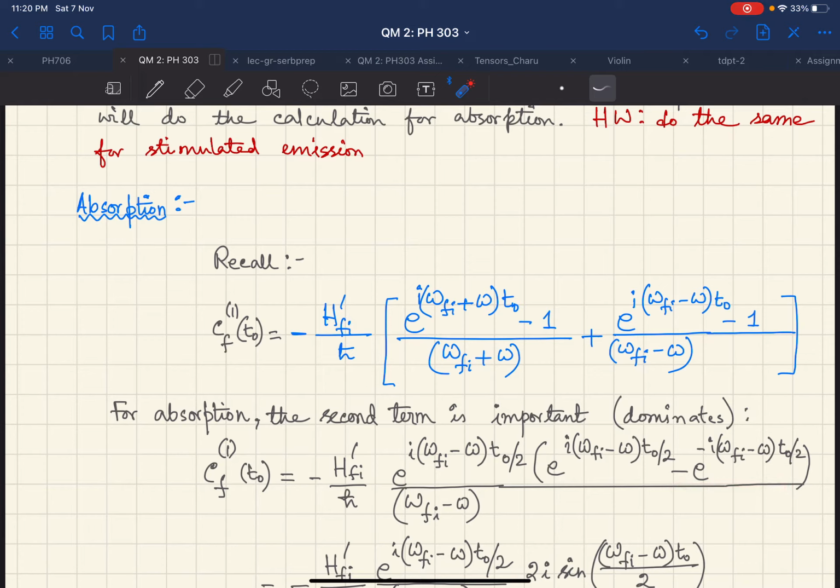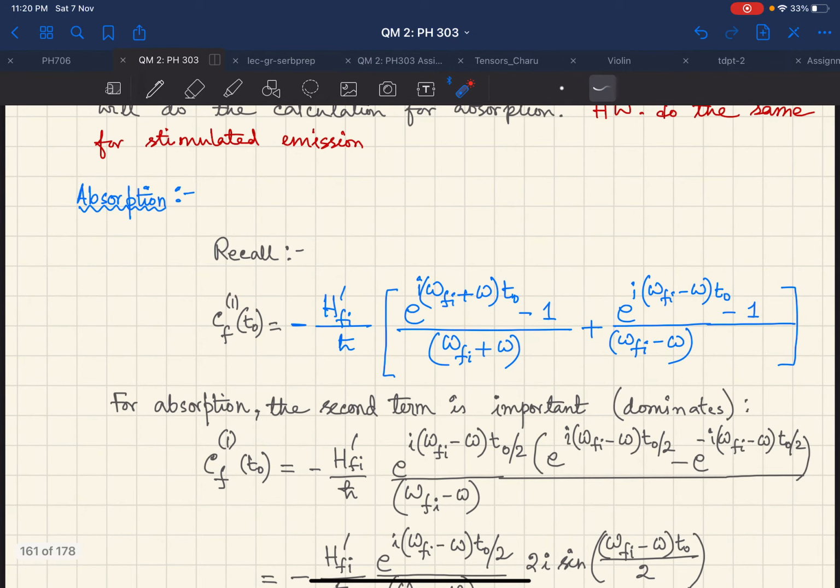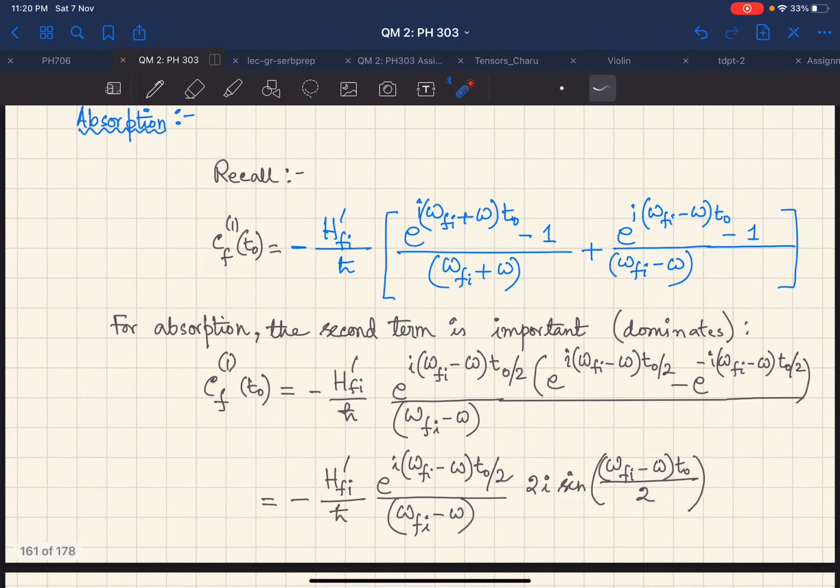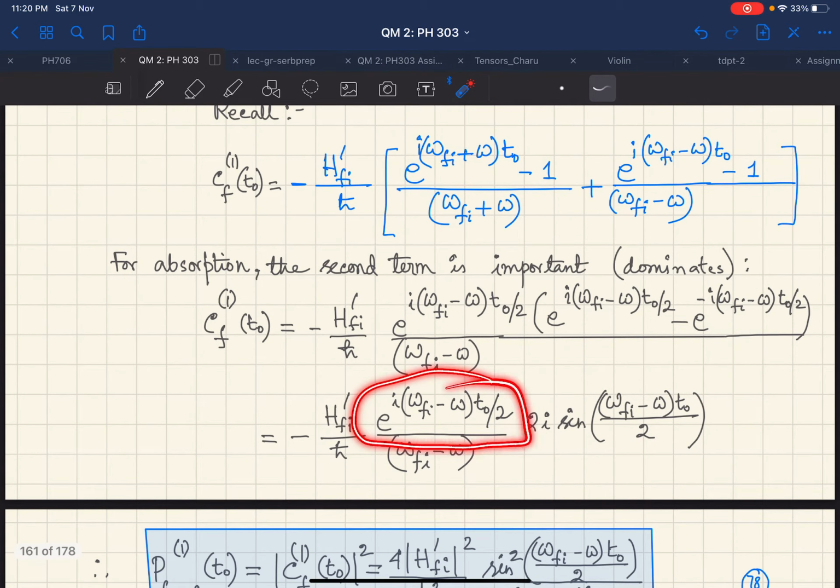That will in fact take care of this factor of 1. So you immediately figure out that this quantity is nothing but 2i times sine of (ω_fi minus ω)t_0/2. So that is what I have written here, and this thing is already there, that e to the i(ω_fi minus ω)t_0/2, which is just a phase.